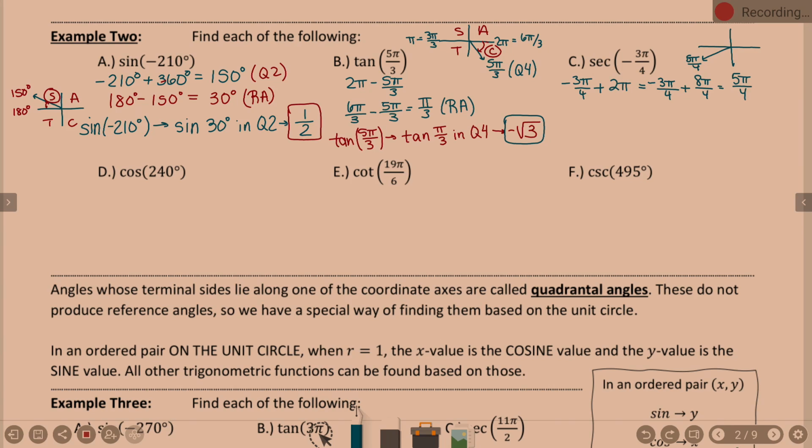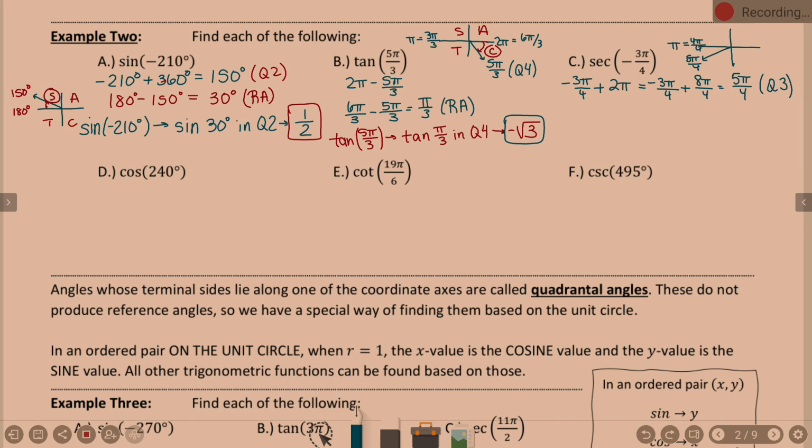How would my brain tell me I know that's going to be in quadrant 3? Because it's a little bit bigger than what? 1 pi. Because 1 pi is 4 pi over 4. Are you with me? 5 pi over 4 is very close to 4 pi over 4. So that's how my brain can say, okay, quadrant 3. So I do know that I am in quadrant 3.